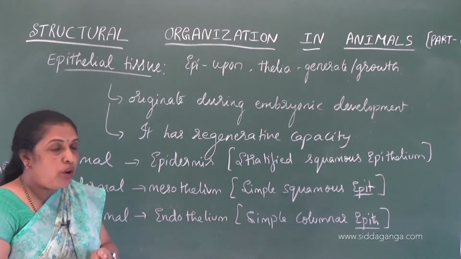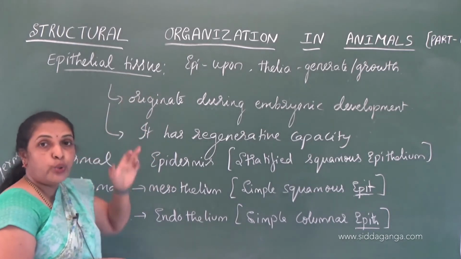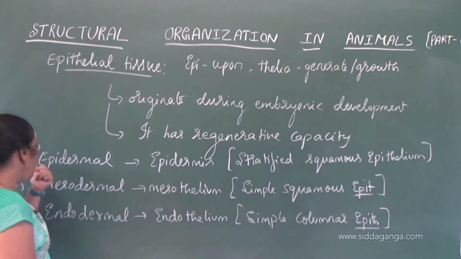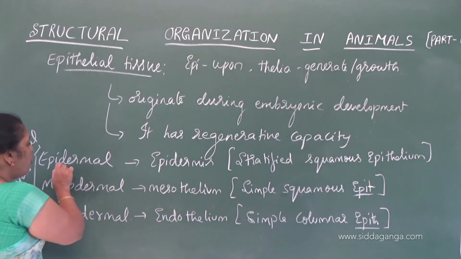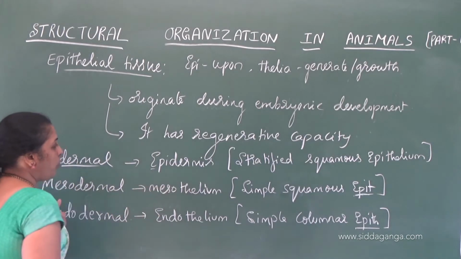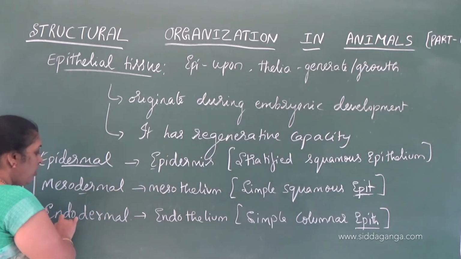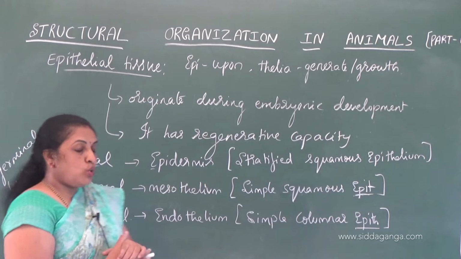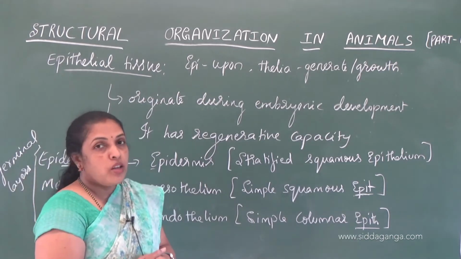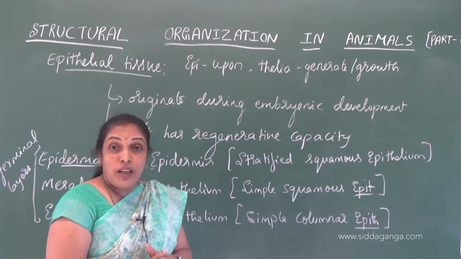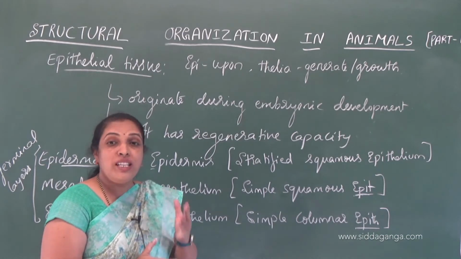Among the four, it's the only tissue which generates from three germinal layers. So the epidermal layer gives rise to epidermis, the mesodermal layer gives rise to mesothelium, and the endodermal layer gives rise to endothelium. Understood?